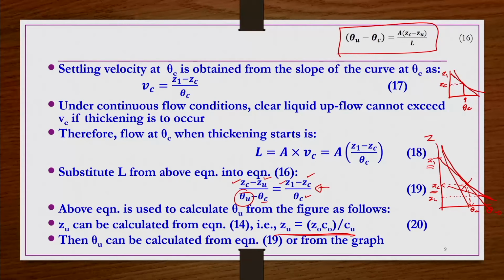That line intersects this tangent at theta equals theta c, and the corresponding time you get is nothing but theta u. This point is nothing but theta c. So everything is known except theta u. Theta u you can get graphically like this, or in this equation also, since Z1, Zc, Zu, theta c are known, you can calculate theta u from equation number 19.